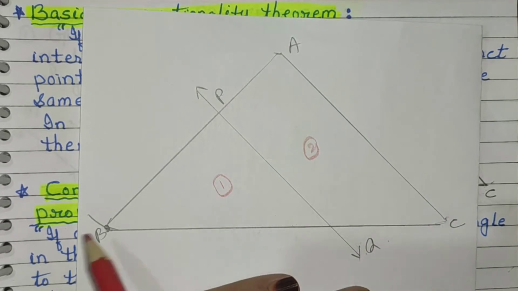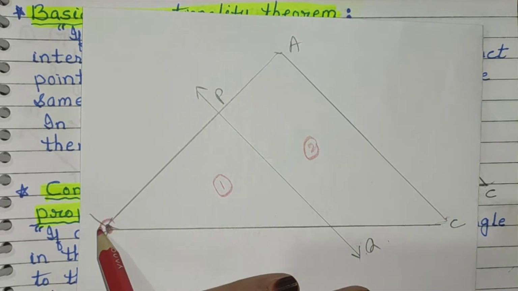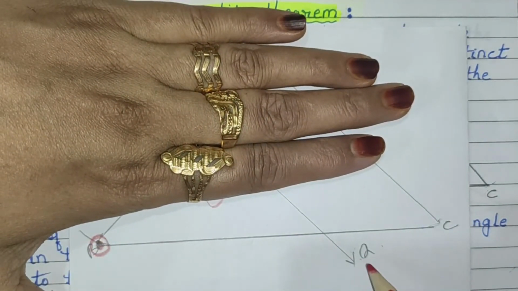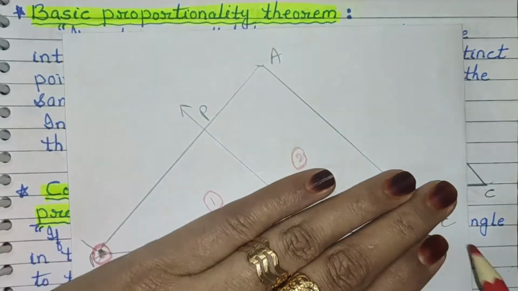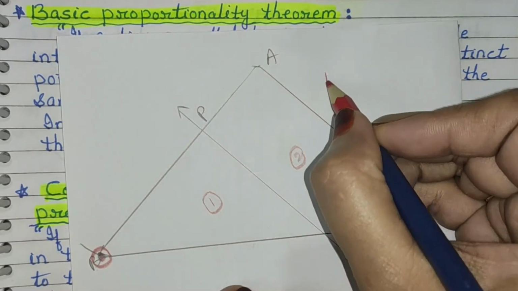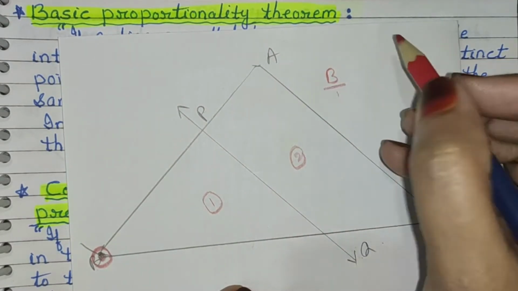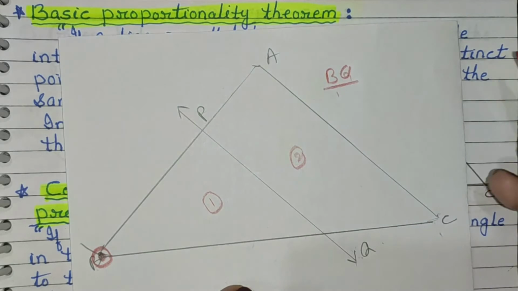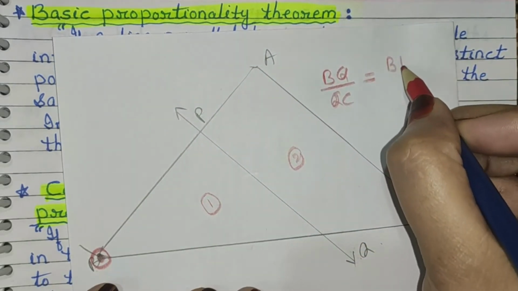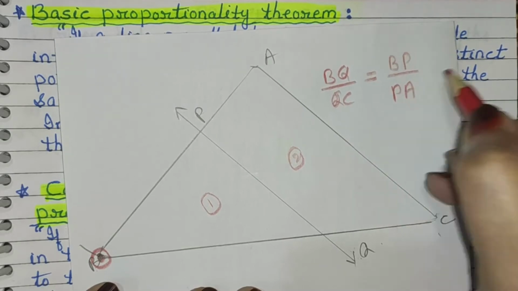Now start from the vertex of the triangle, that is from B. Now the ratio is BQ upon QC, it is equal to BP upon PA. It is the BPT theorem. BQ upon QC is equal to BP upon PA.